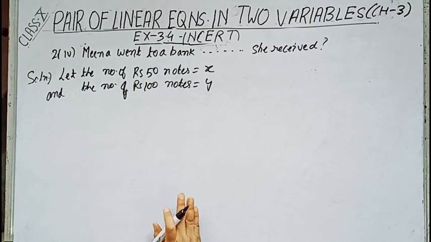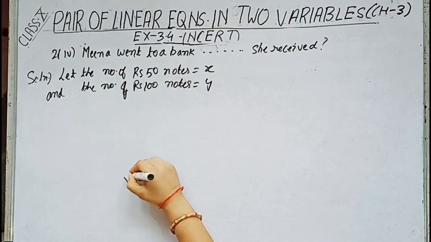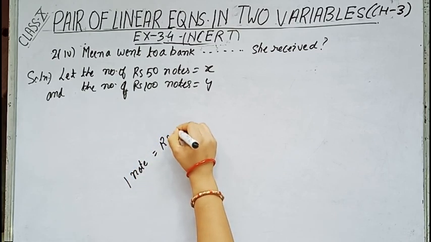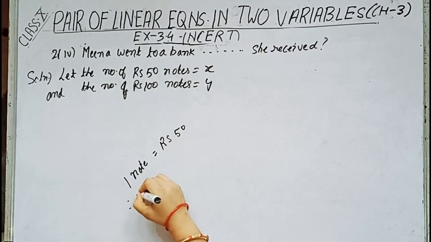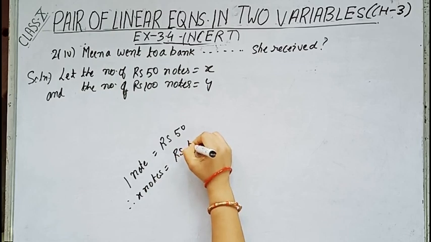Now how much money she has to take out? 2000. If one note is costing 50 rupees, then x notes will be worth 50x. One note equals rupees 50, therefore x notes will equal rupees 50x.